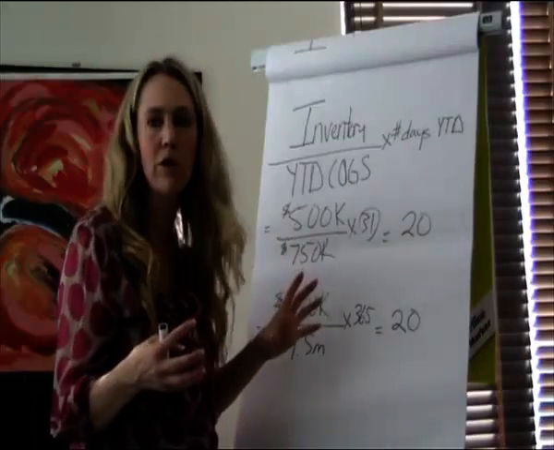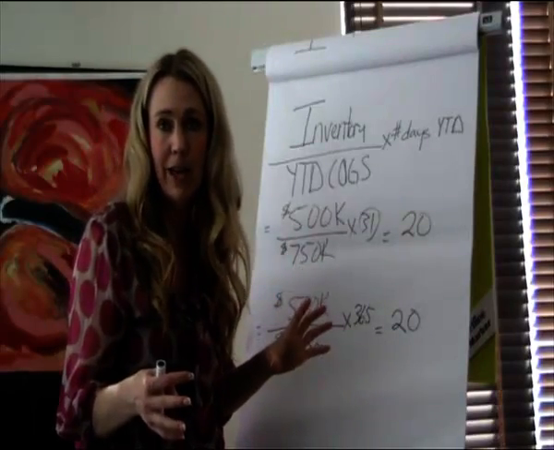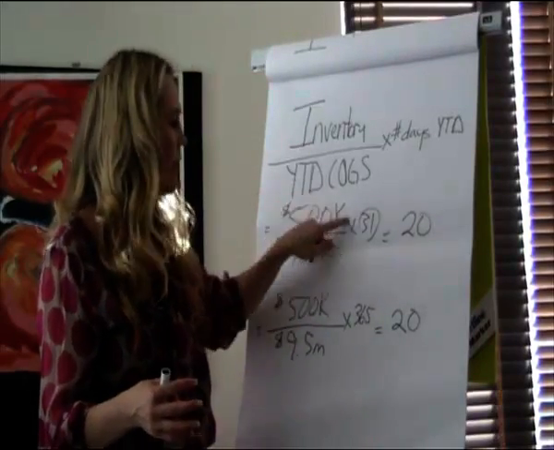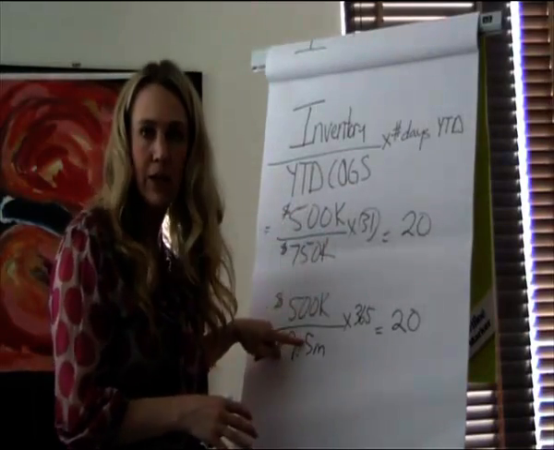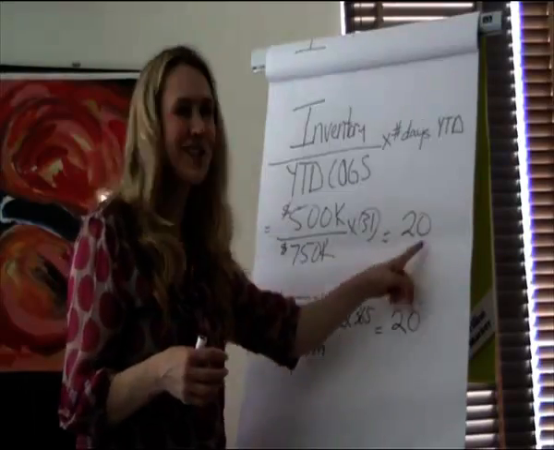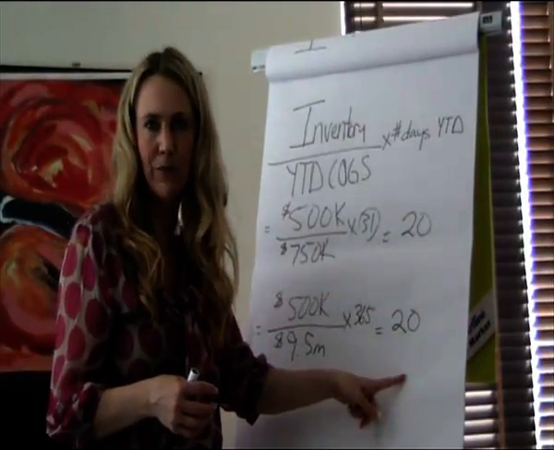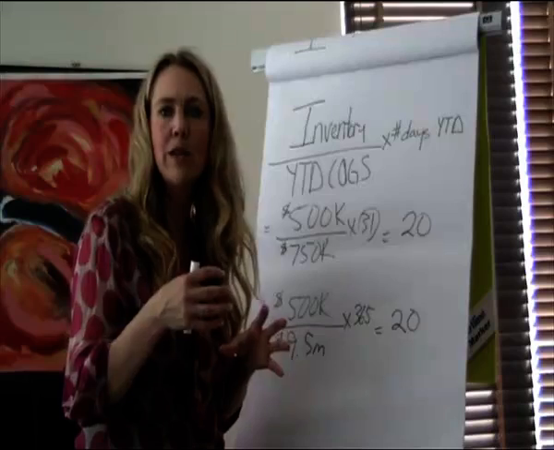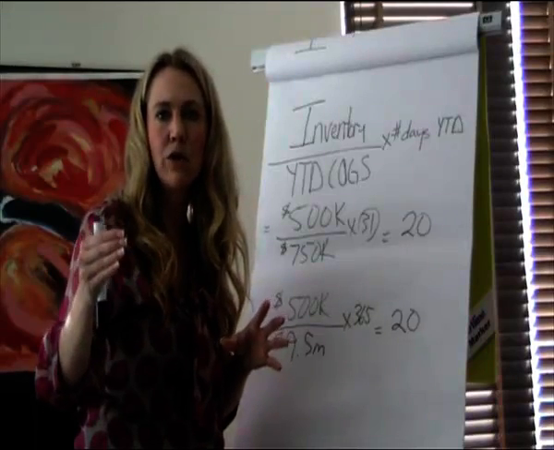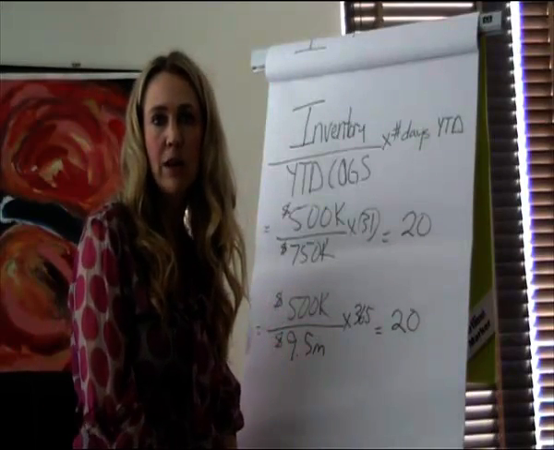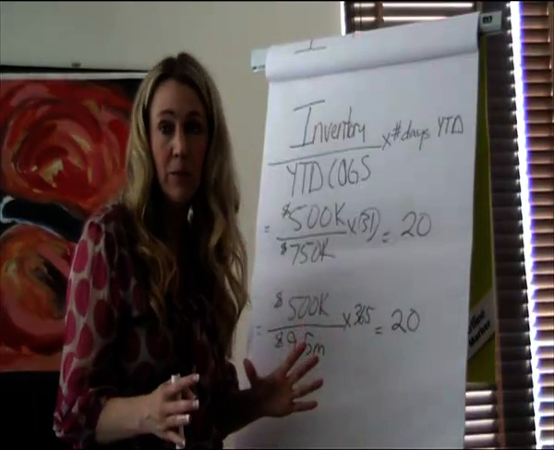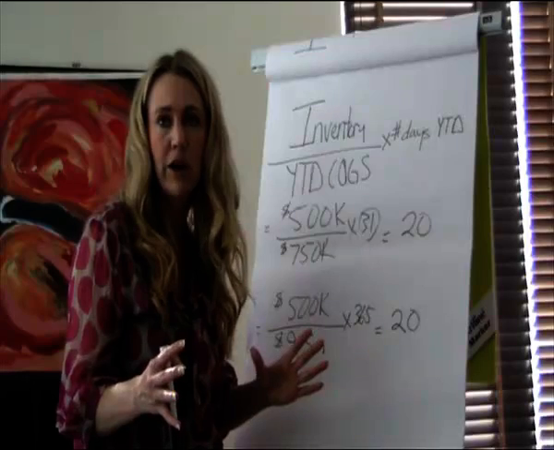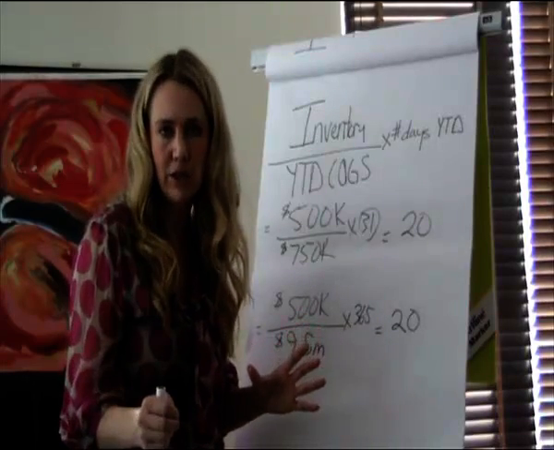Now, if we assume for a moment that our numbers are the same, that in your business you've got $500,000 tied up in work in progress at either the end of 1 month or the end of the year, you would again magically be left with a number of 20, wouldn't you? Great. What this means to you is that you have 20 days worth of sales tied up in work in progress, where you've performed the service or the work and you have probably paid someone to do it, an employee or a subcontractor, but you haven't yet billed it to your clients.